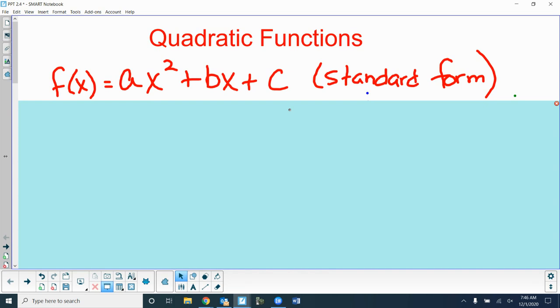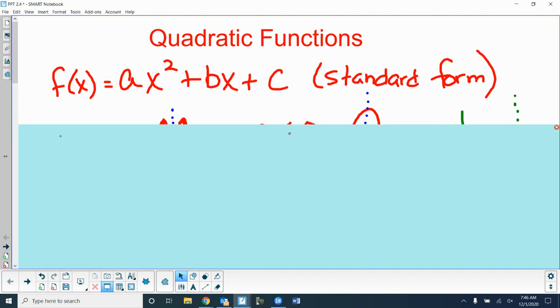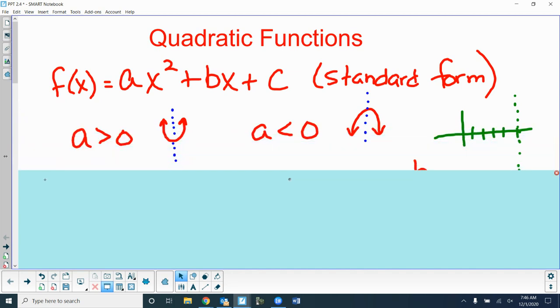Okay, so the graph of a quadratic function is a parabola. If the a value is greater than 0, meaning positive, it has a positive attitude, has a smile on its face, right?